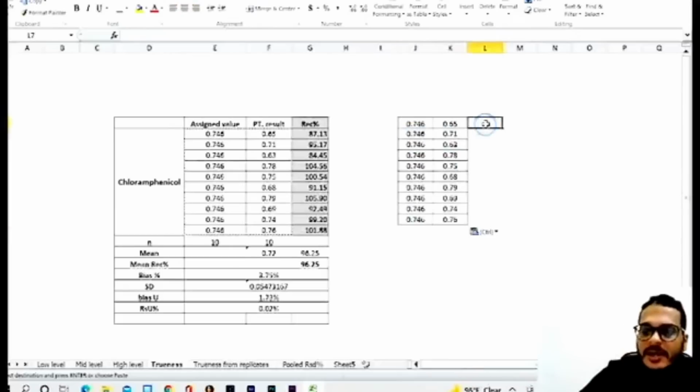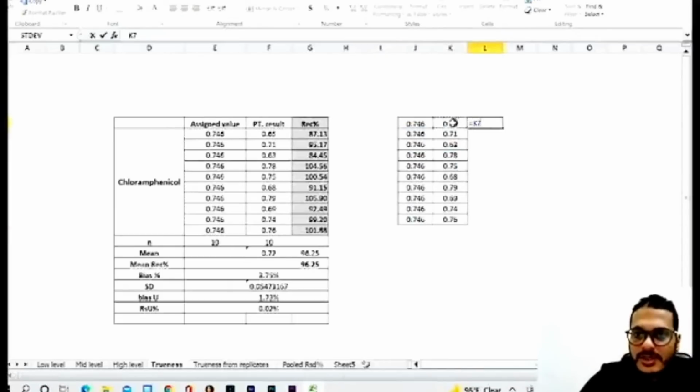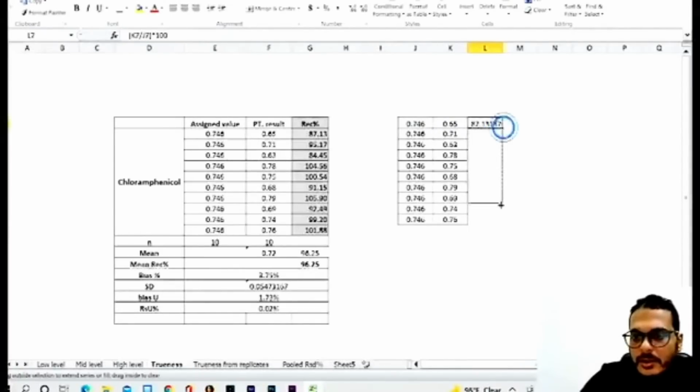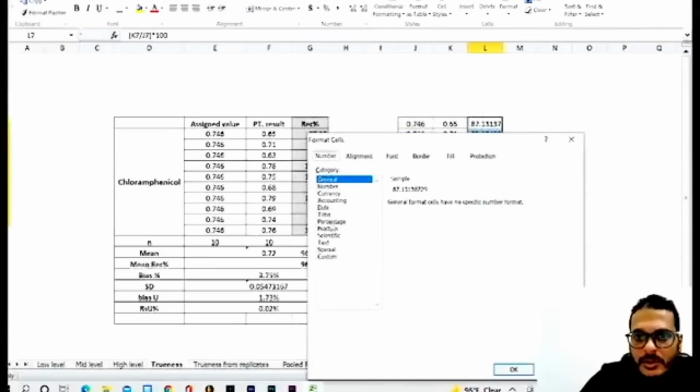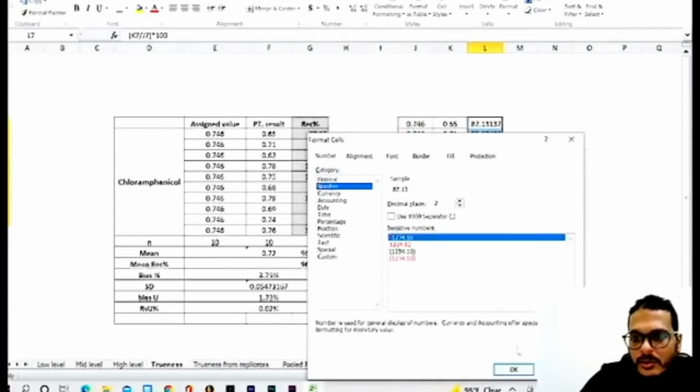You will calculate the recovery, as I told you, this result divided by the assigned value, multiplied by 100. Then format cells to number with 2 decimal points.